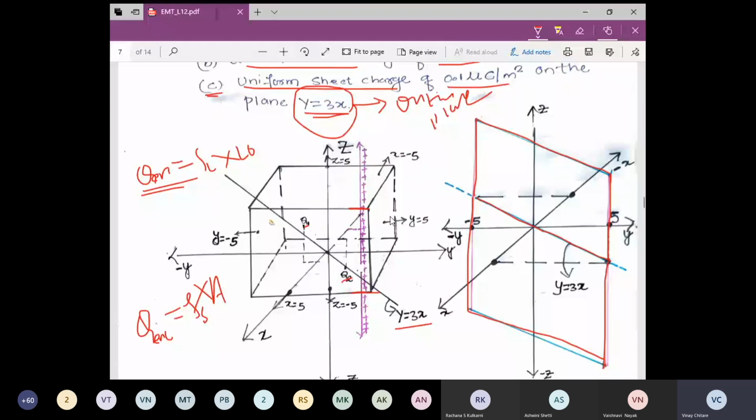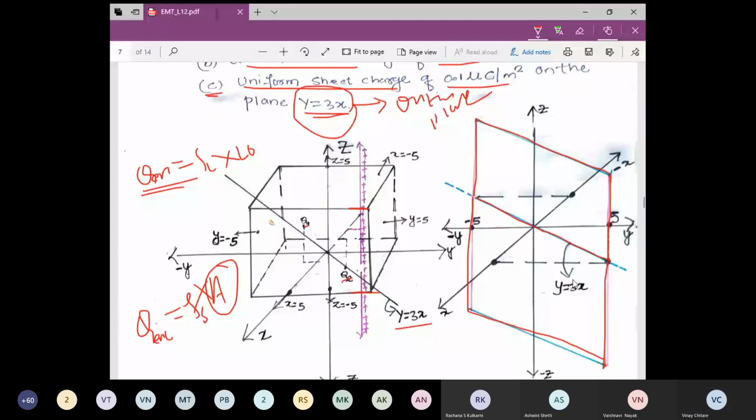But the only unknown for me now is what portion of this surface area is trapped inside the cubical surface.